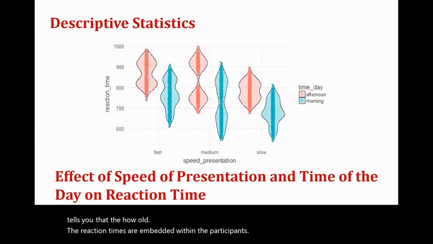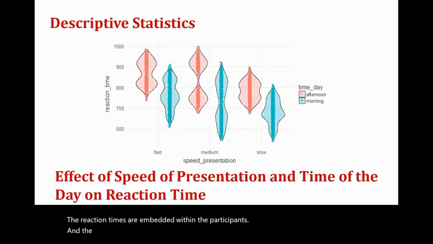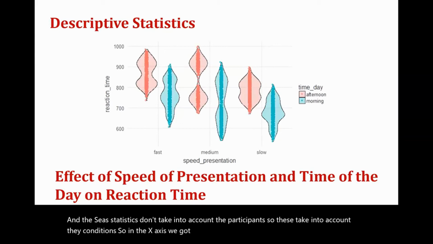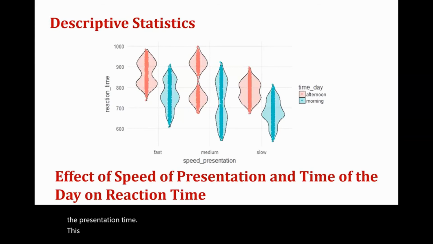And these are statistics that don't take into account the participants; they take into account the conditions. On the x-axis we've got fast, medium and slow, and you can see that the slower the presentation time, the smaller the number of the reaction time.